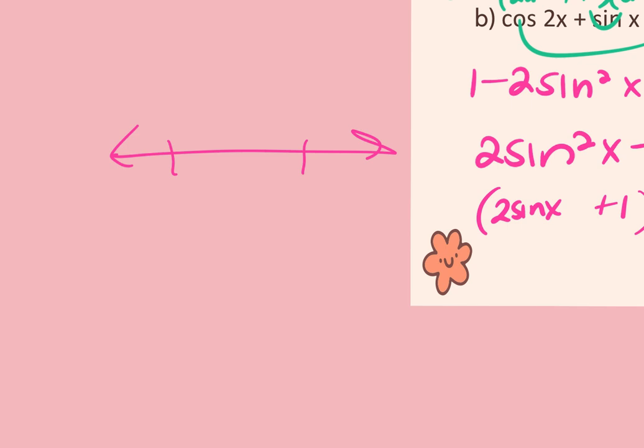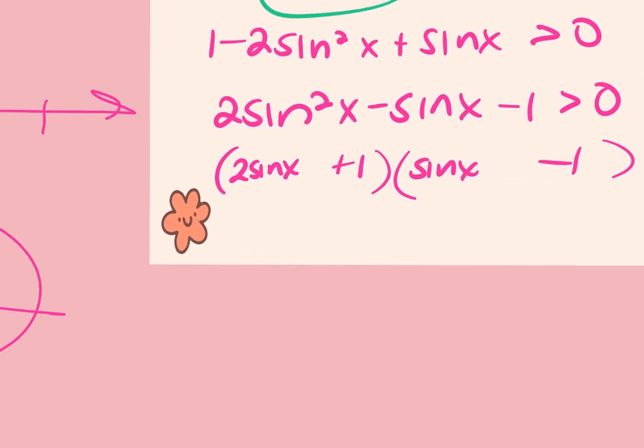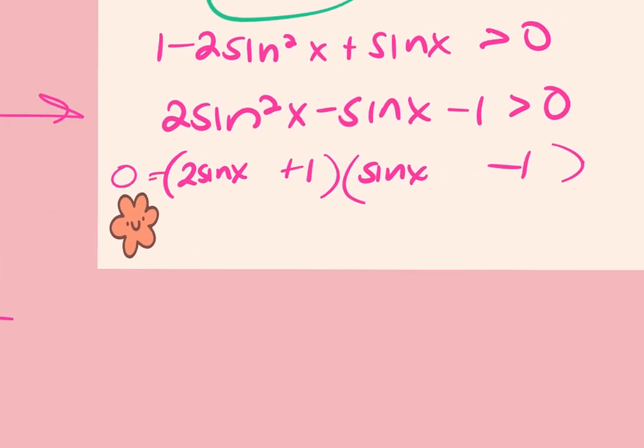We have to set it equal to 0 to find those zeros, except we're not on a number line anymore. We're on a circle. So I'm going to solve this. Instead of it being greater than, I'm going to set it equal to 0. And I would get that sine of x would equal -1/2. Sine of x would equal +1.